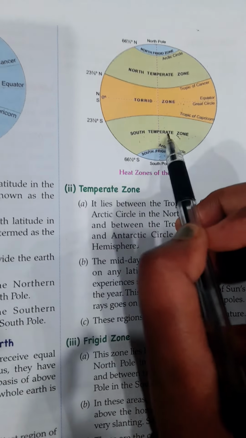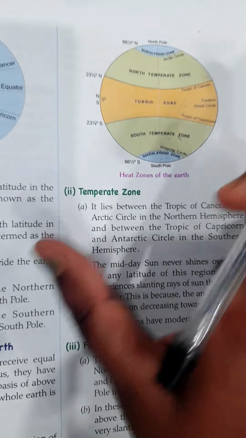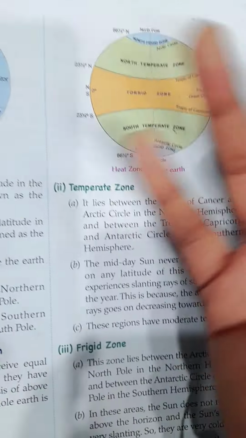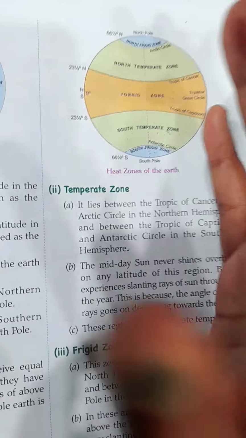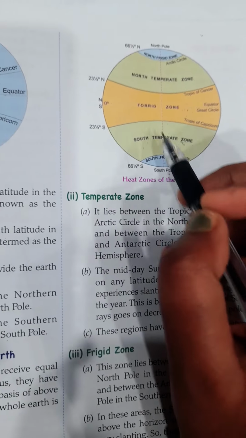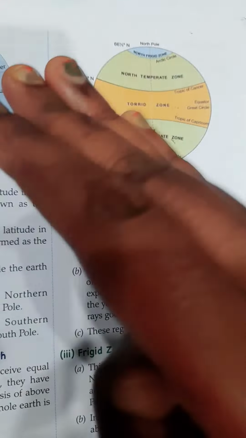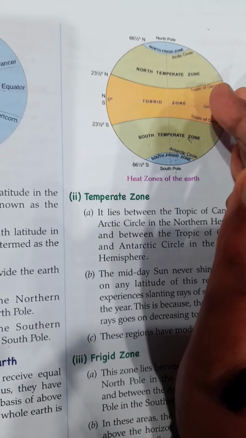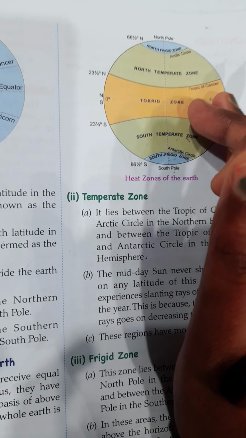This region is neither too hot nor too cold. The sun rays fall slanting on this part of the earth. Clear, student?